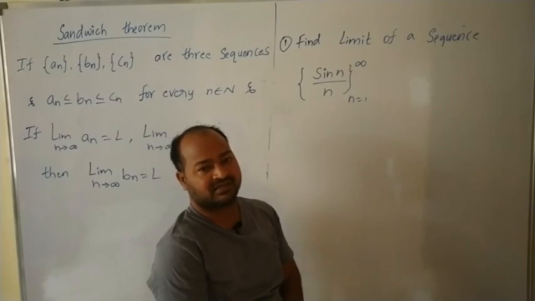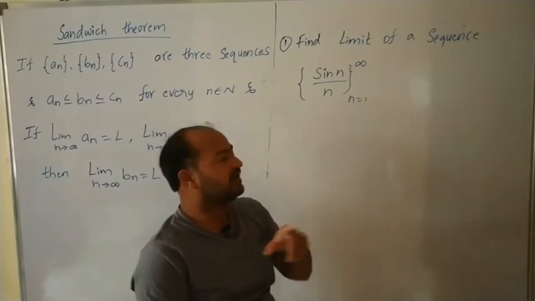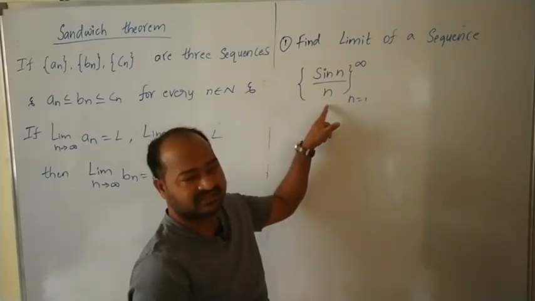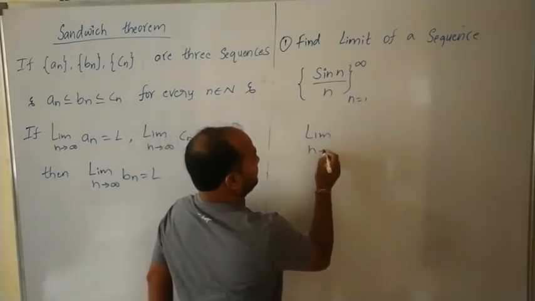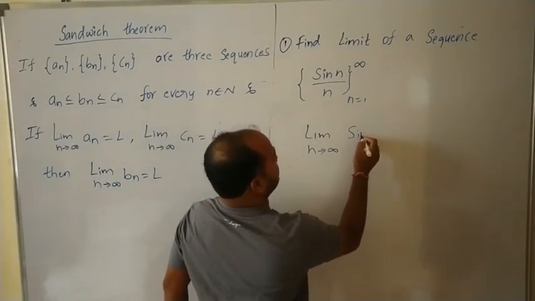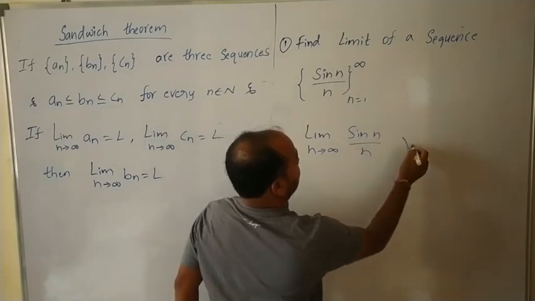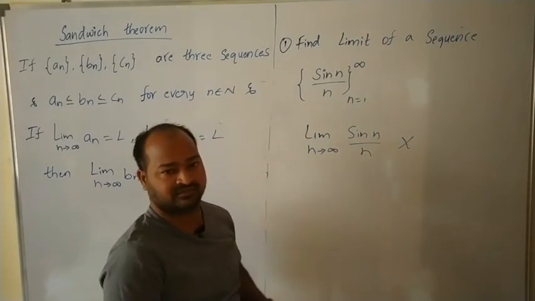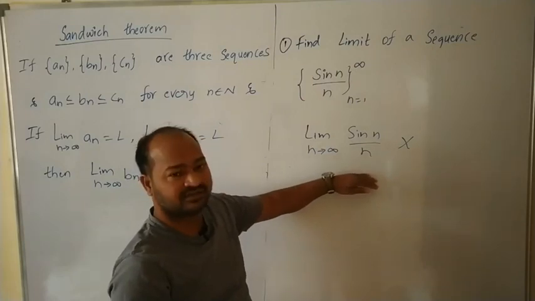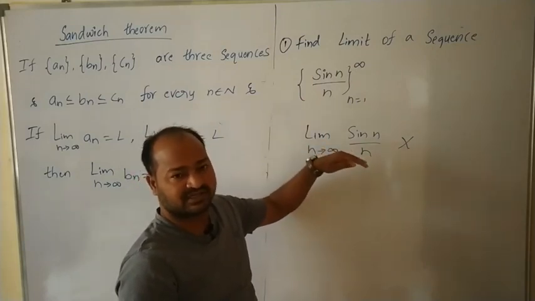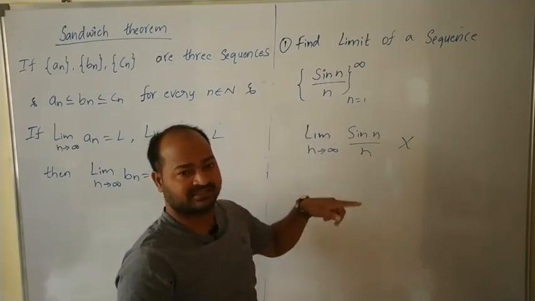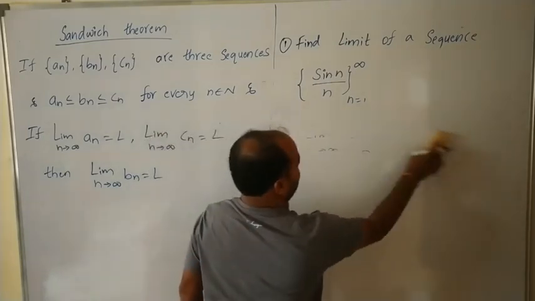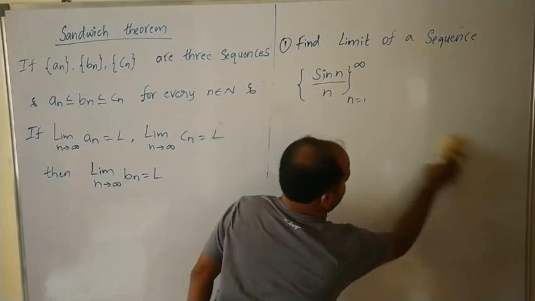If you observe, you cannot find the limit n tends to infinity sin n by n directly. So by using sandwich theorem we can find the limit of this sequence. So now let us see how to find it.